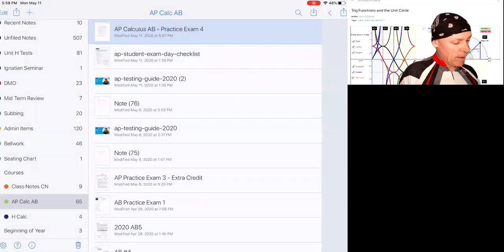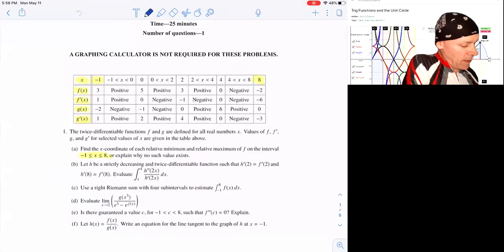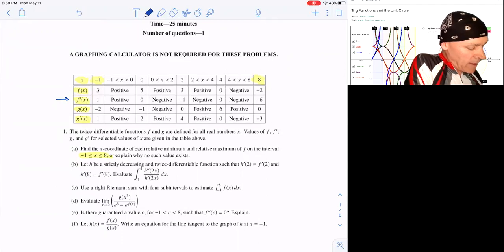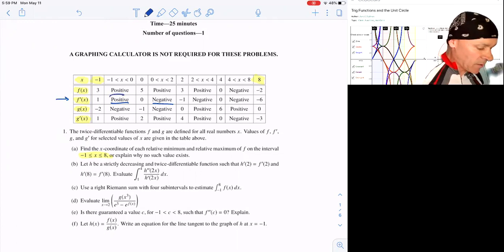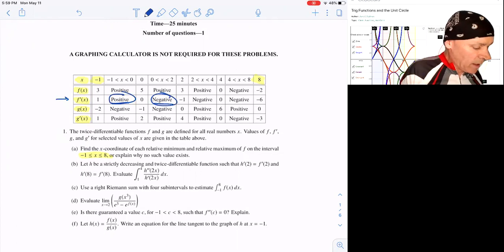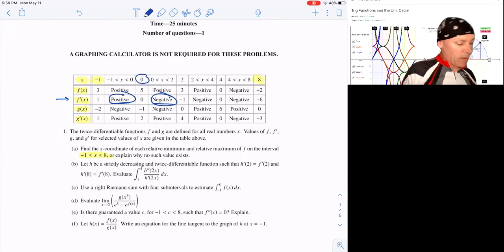I'm looking at f prime right there, and I see that it's positive on the interval from -1 to 0, and then it goes negative. Then it stays negative for the rest of the interval. So the only action I've got going on is when it changes from positive to negative. Where does that occur? At an x value of 0.